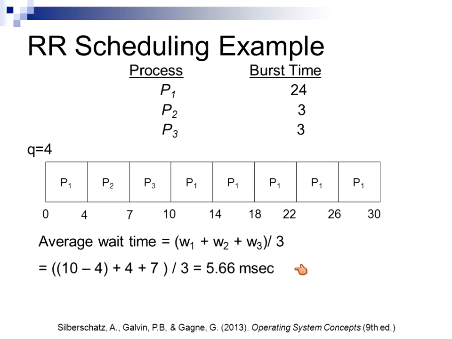All right? So again, the Q, and when I say Q, I mean the quantum here, should be large compared to the context switch time. A context switch is usually like 10 microseconds, okay? So here our quantum is much larger than the context switch time, so we're in good shape here.